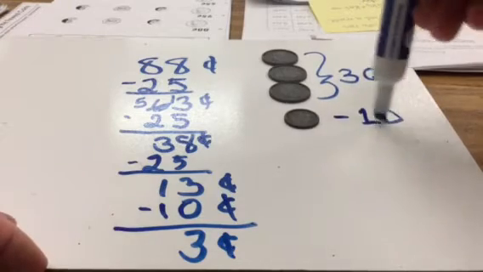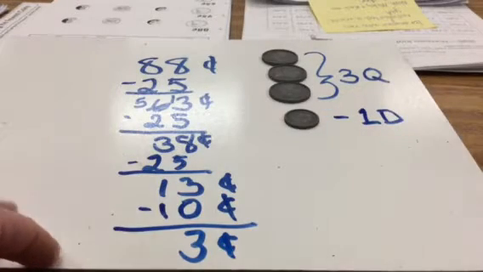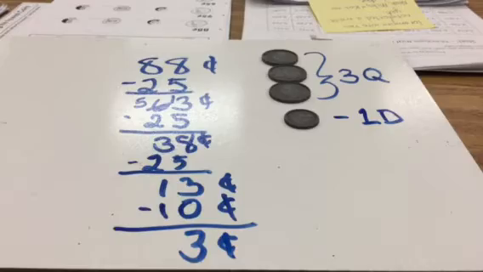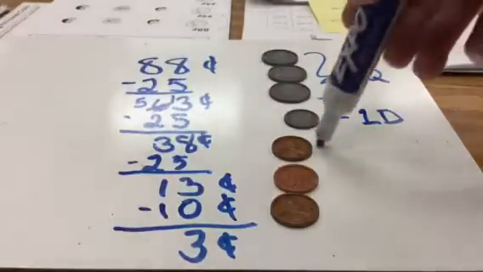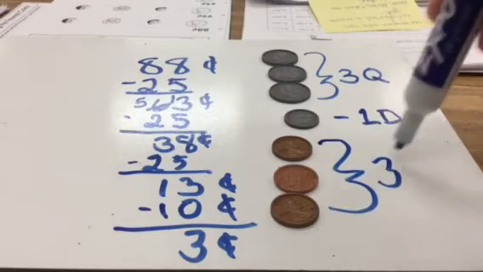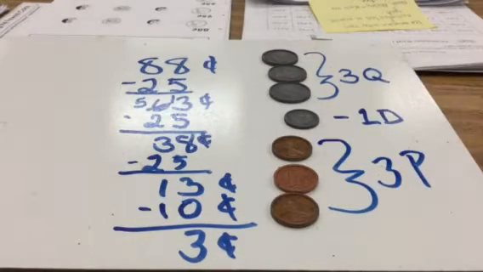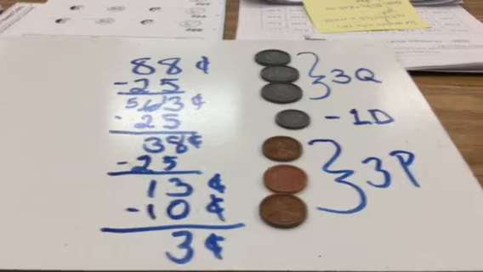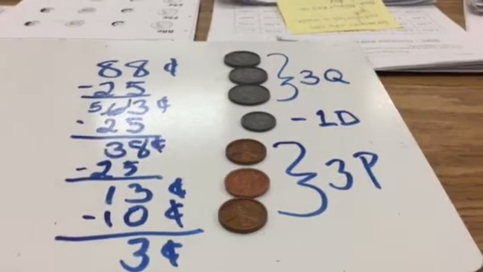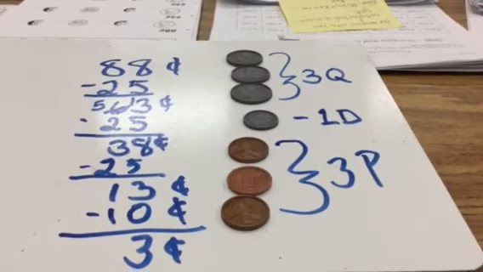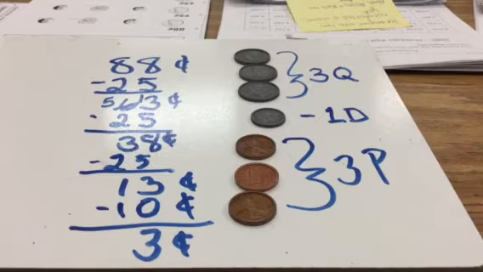And hopefully we know that 3 cents we can only make using 3 pennies. So in our journal, we're going to write down that we have 3 of the quarters, 1 dime, no nickels, and 3 pennies. And that's the fewest amount of coins that I can use to make 88 cents.